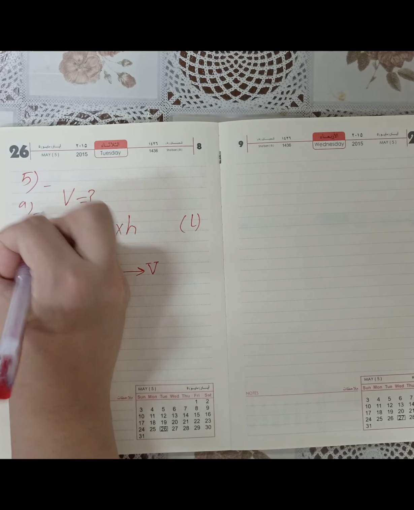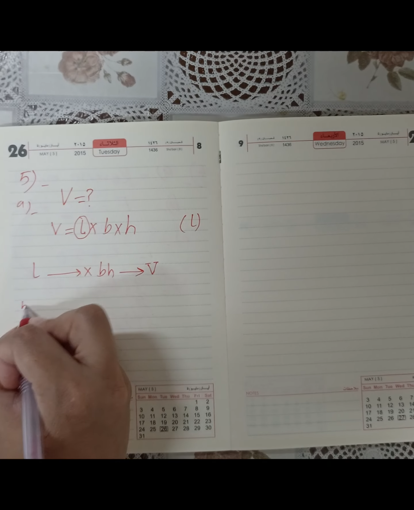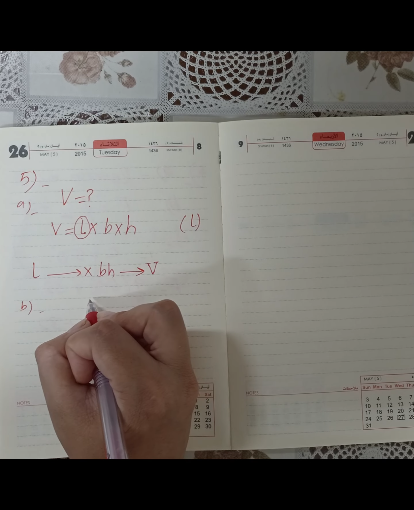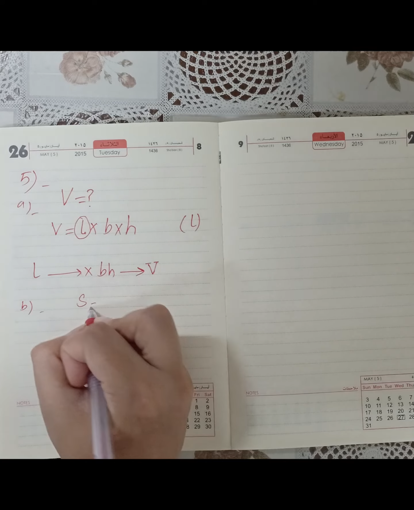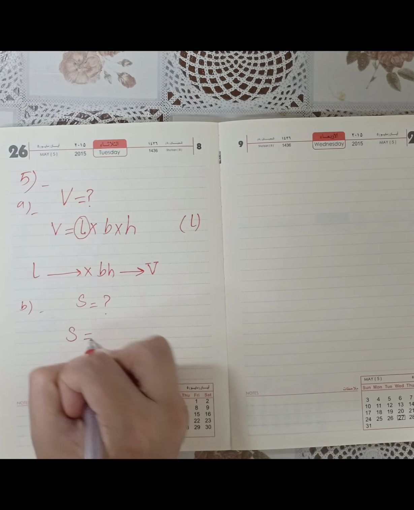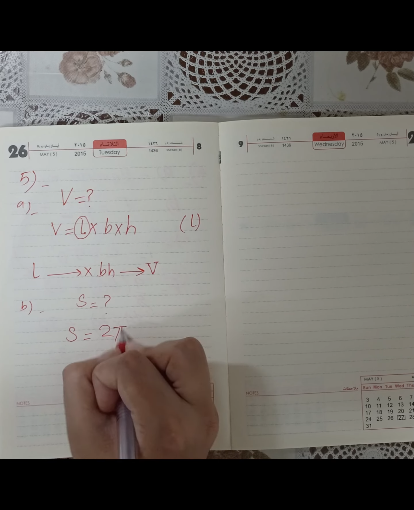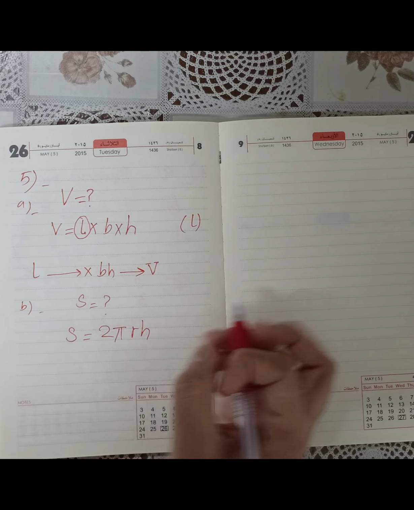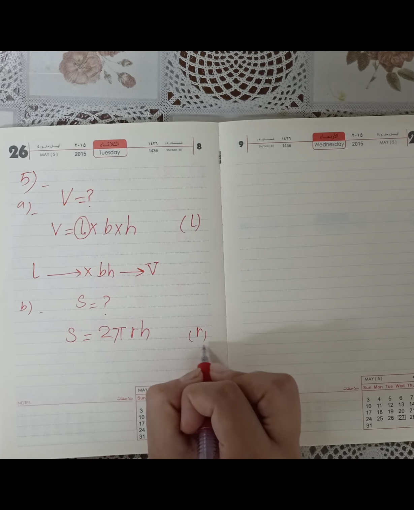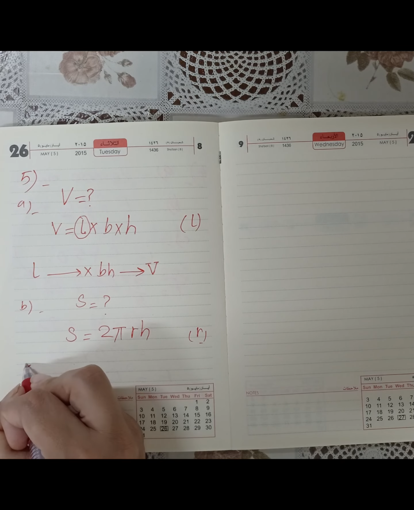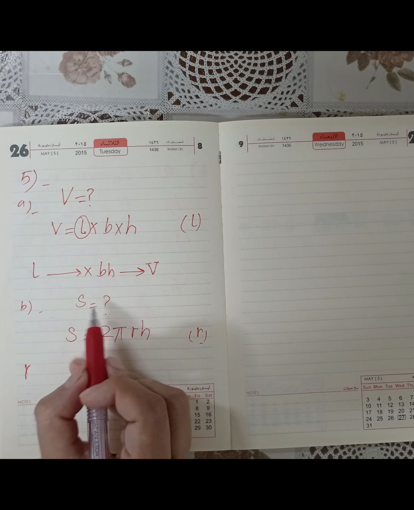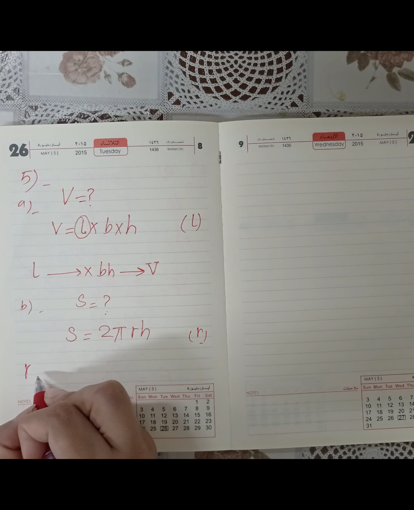This was part A, and now part B will be S. We have to find S. S equals 2 pi R H, starting with R. R will be our input, and we have to go till S in a function machine.